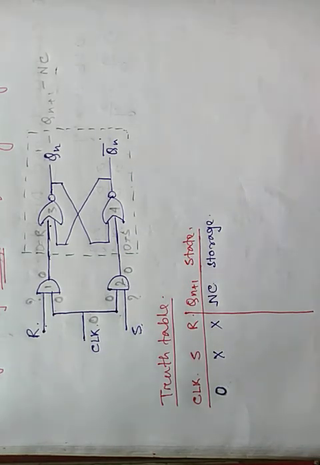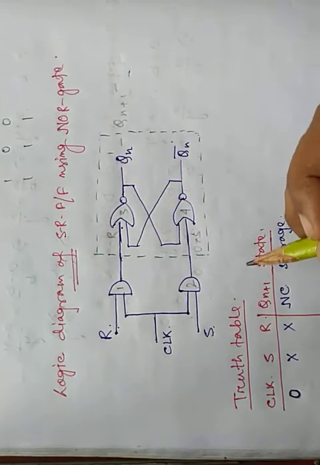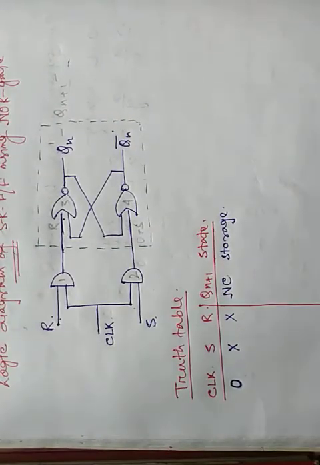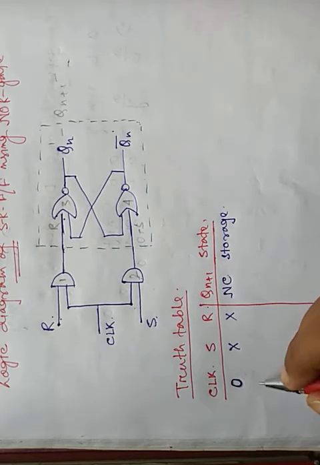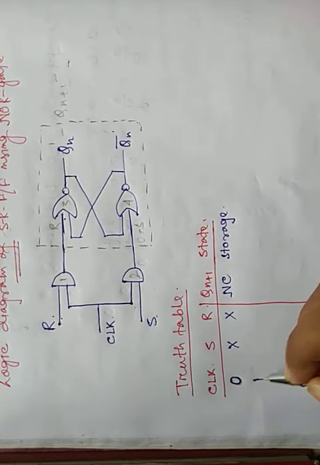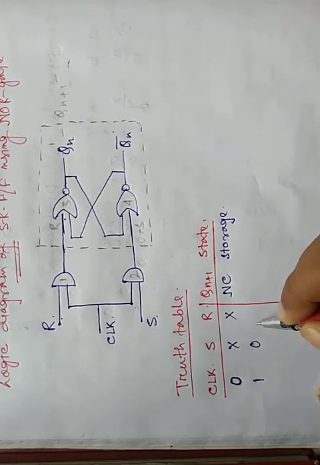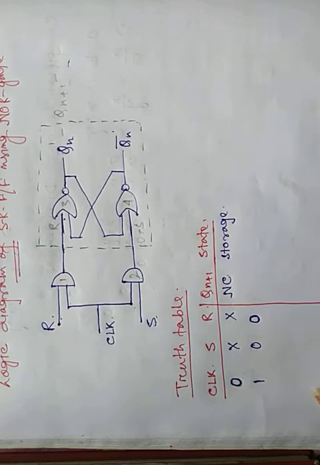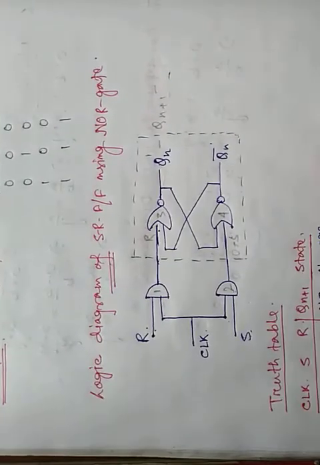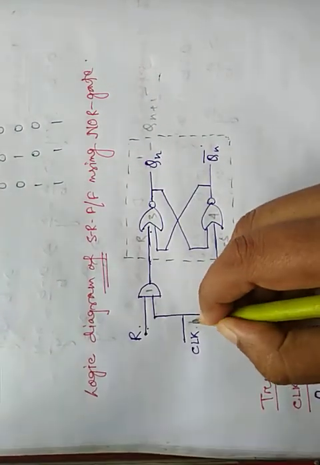Now in our second case, our condition will be when clock is 1 and S and R both are 0. Let us see what will happen when clock is 1.